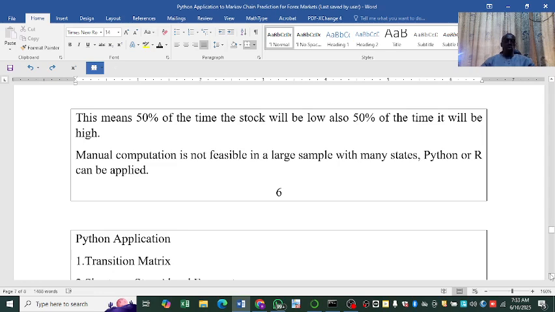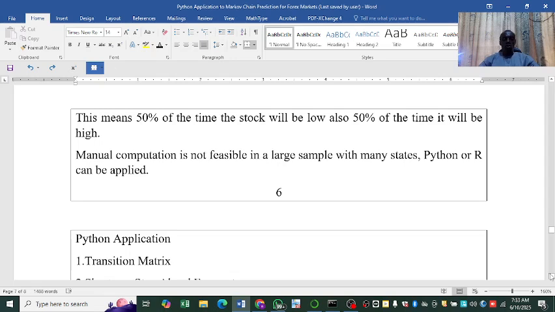Now, how do you use Python application? So the next line for our discussion is Python application, how you can use Python to implement the Markov Chain Algorithm. We'll start from the short run, and then how do we build the transition matrix? Now, I will end this video here for now.